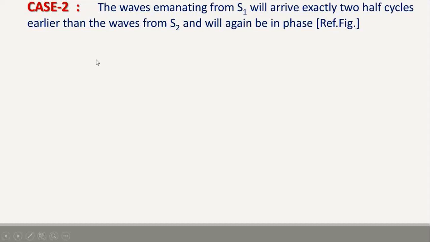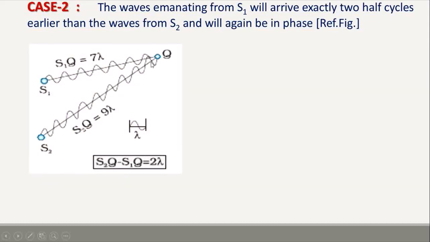Here there is a path difference, but that path difference is an integral multiple of lambda. Lambda is nothing but the wavelength of the light wave. Here I have taken two sources, S1 and S2.